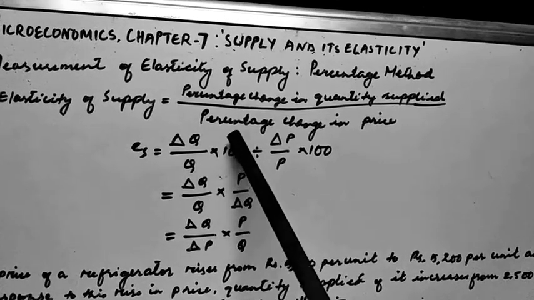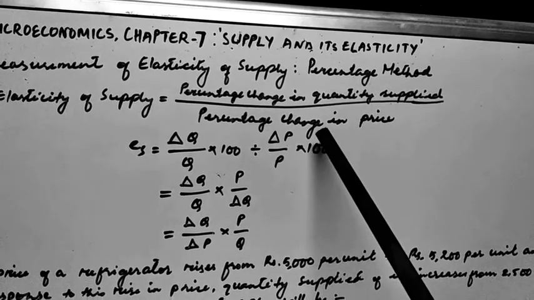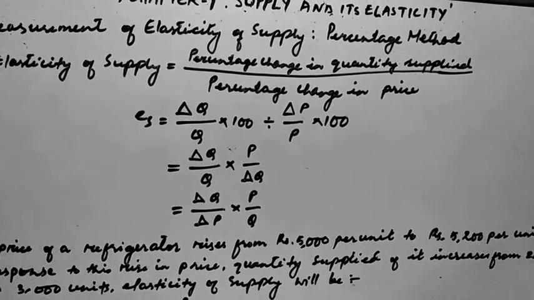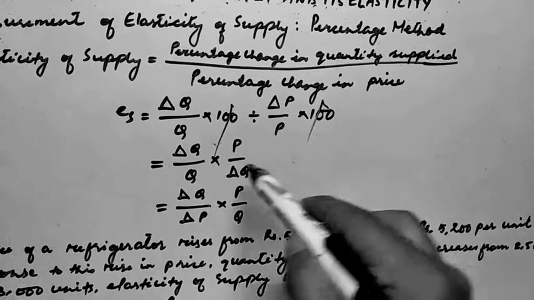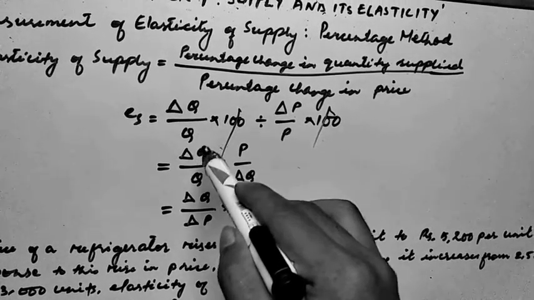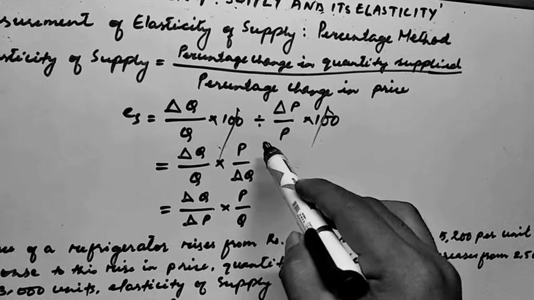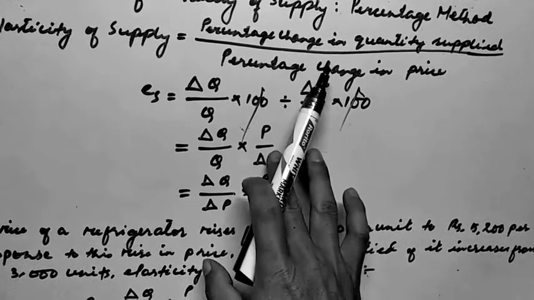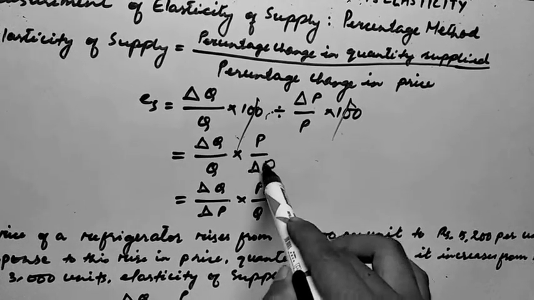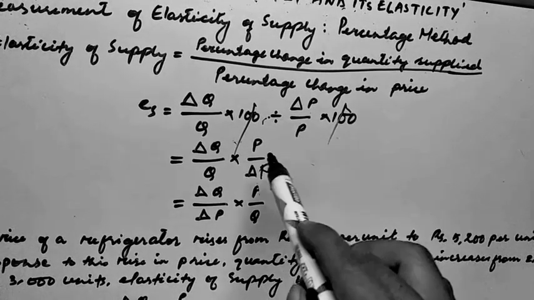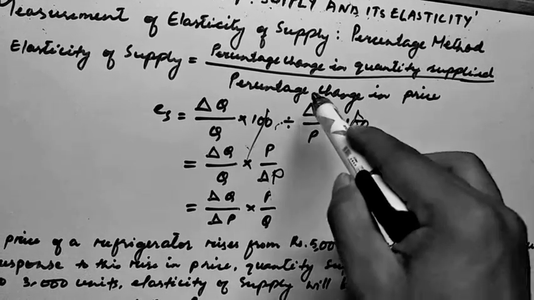It can be further written like this: the hundreds cancel, and then what we have is change in Q divided by Q, and here it should be price, change in P divided by P. So this will come down and this P will go up.